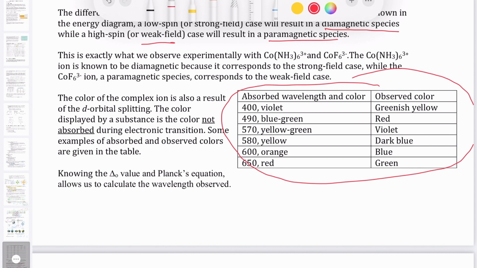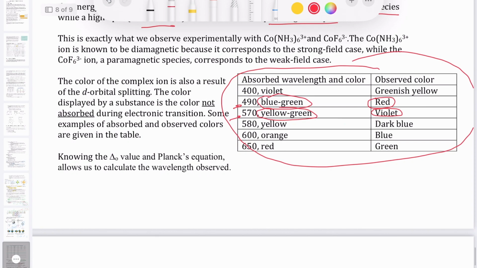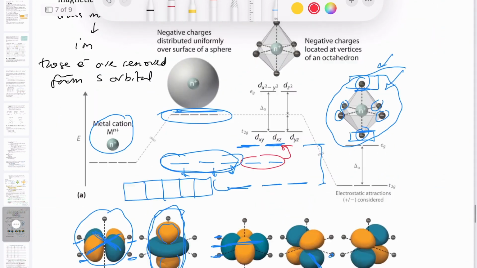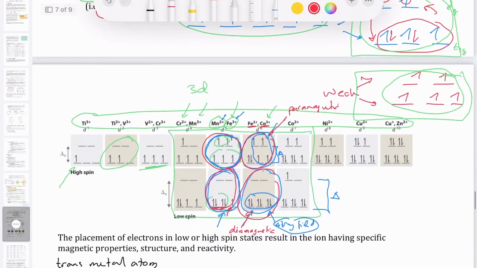For example, if our complex ion has a red color, that means it's absorbing the blue-green part of the visible wavelength, which is about 490. If we have a complex ion that is violet, that means it's absorbing in the yellow-green region, which is about 570 nanometers.